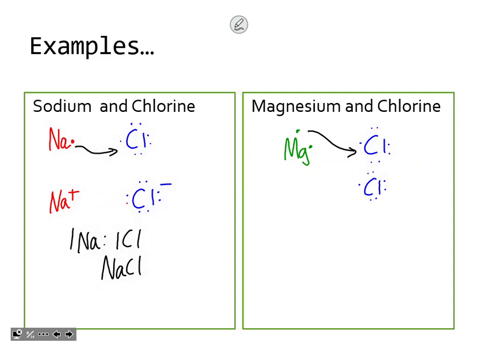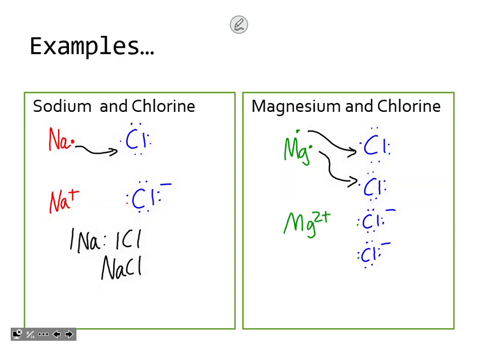So the magnesium can transfer over both electrons. In this particular case, the magnesium ends up being a +2 charge because it gave away 2 electrons. And each chlorine has now gained 1 from the magnesium. I'm going to note those ones that they gained from magnesium in green here. And each of the chlorines has a -1 charge on them.